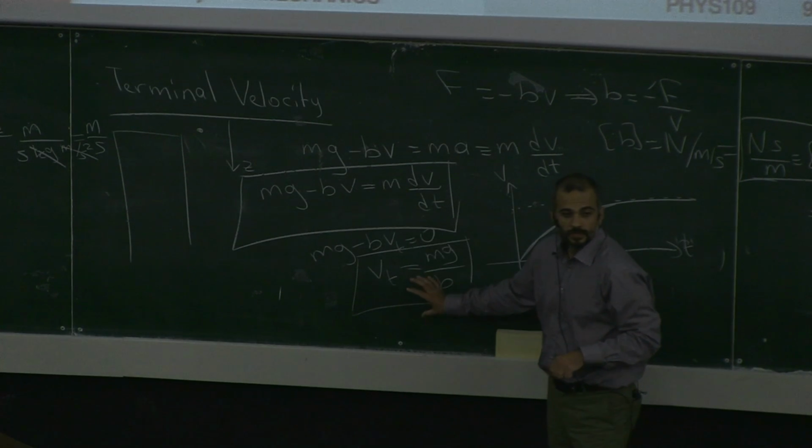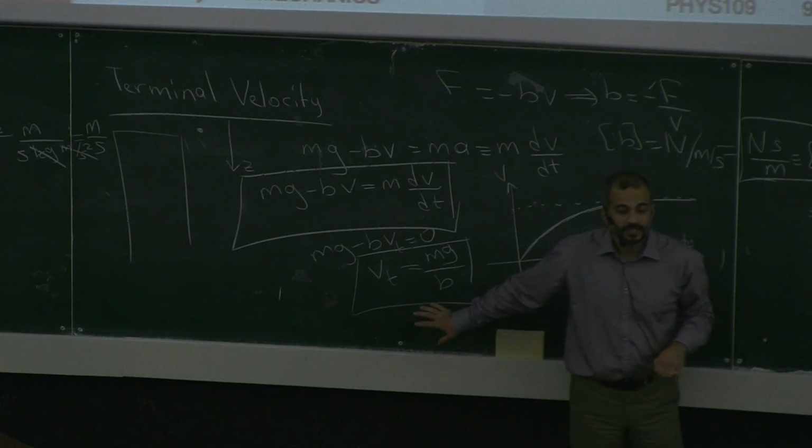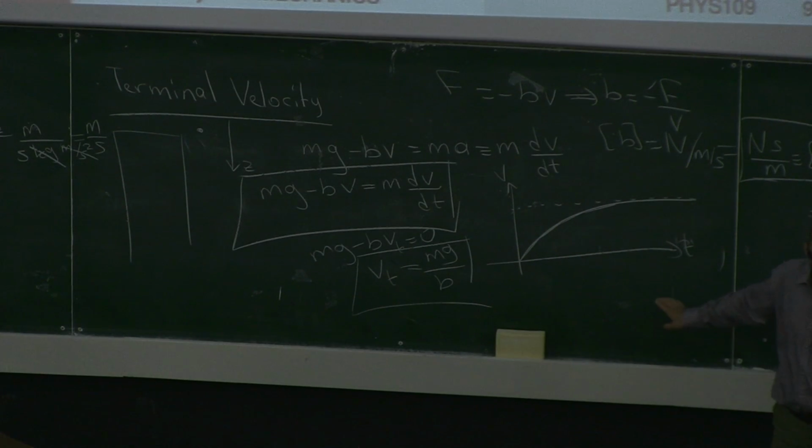Now, any questions up to this point? So this is what we mean by the terminal velocity. You owe your life to this fact that there is a terminal velocity, because imagine the clouds are quite high. They are like 8, 10 kilometers above, depending on the kind of cloud you have. And the raindrops start from the clouds. So they go 8 kilometers, and when they fall on the ground, their velocity is not that much.